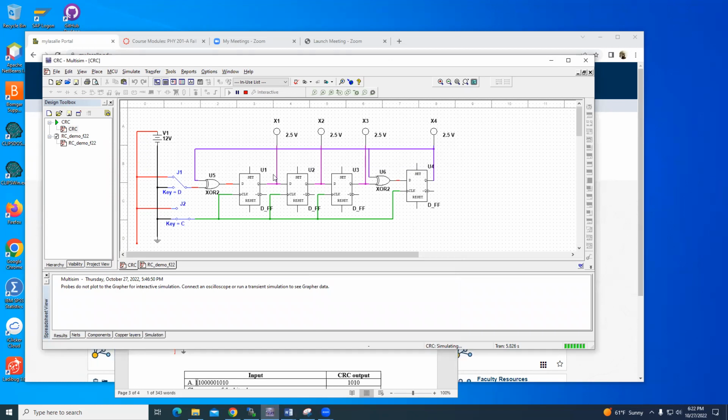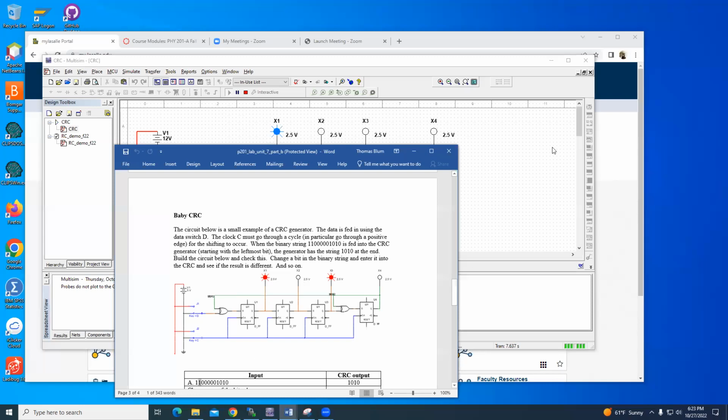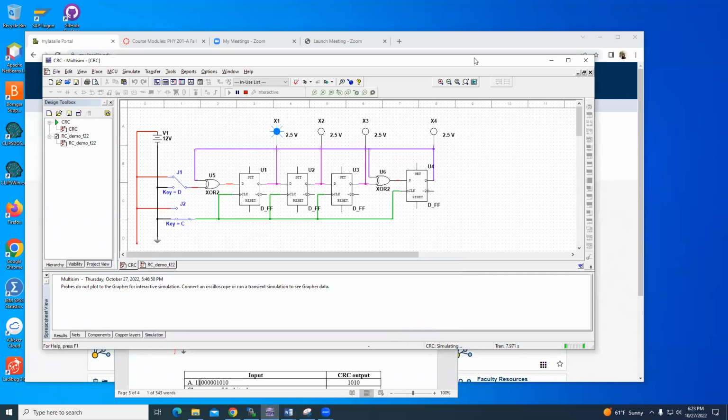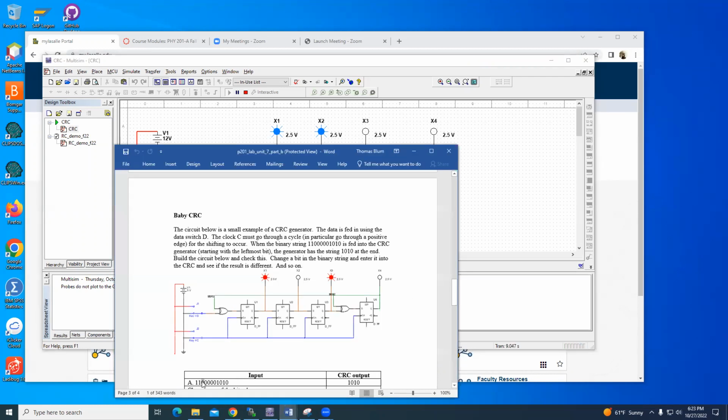D is first high. That first bit is a high, and I go through a clock cycle back and forth. It remains high, so the data remains high, and I go through another clock cycle. Then the data is low for 1, 2, 3, 4, 5 clock cycles in this case.